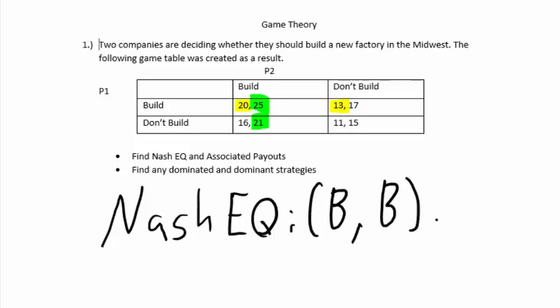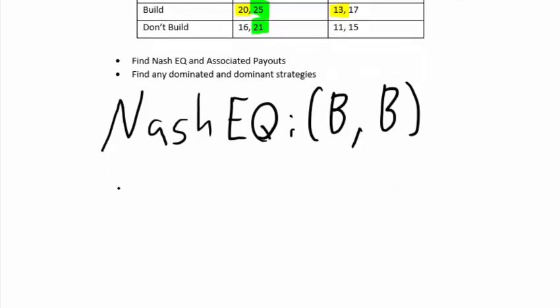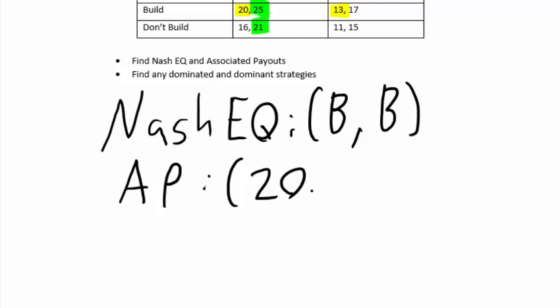As both players will always choose to build, it results in a Nash equilibrium of build. Note that Nash equilibrium is the strategies, or the decisions, not the numbers that we highlighted. The numbers that we highlight are our associated payouts. And our associated payouts are 20 for player 1 and 25 for player 2.